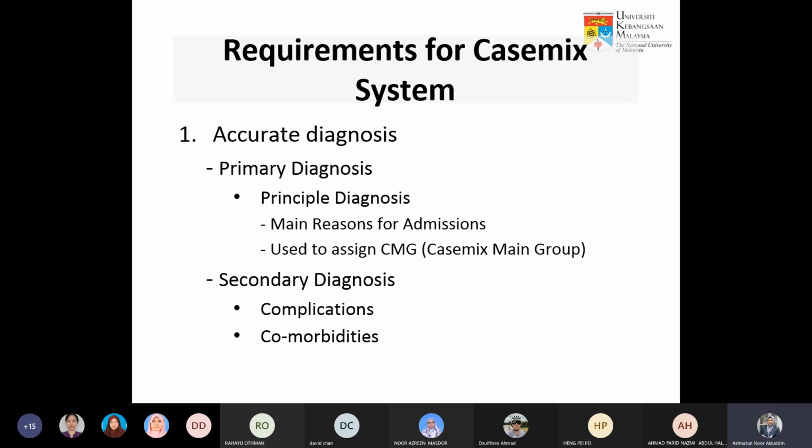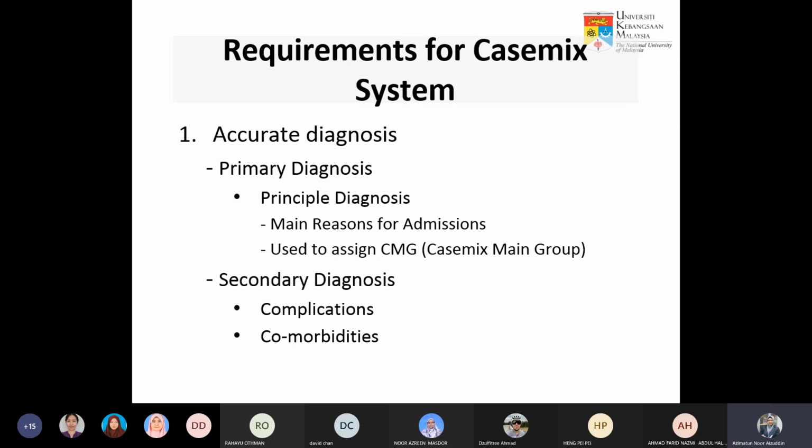Itu yang kita always tekankan kepada houseman yang baru masuk. Dan satu lagi saya juga memberi introduction about Casemix ni kepada undergraduate, so that bila dia orang dah graduate nanti dia orang actually have an idea what is a Casemix is. So accurate diagnosis is the most important one and the primary requirement for the Casemix system.